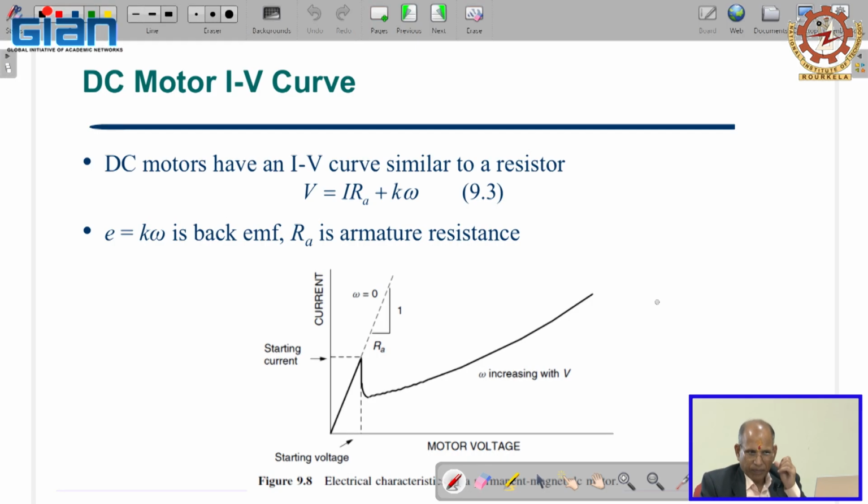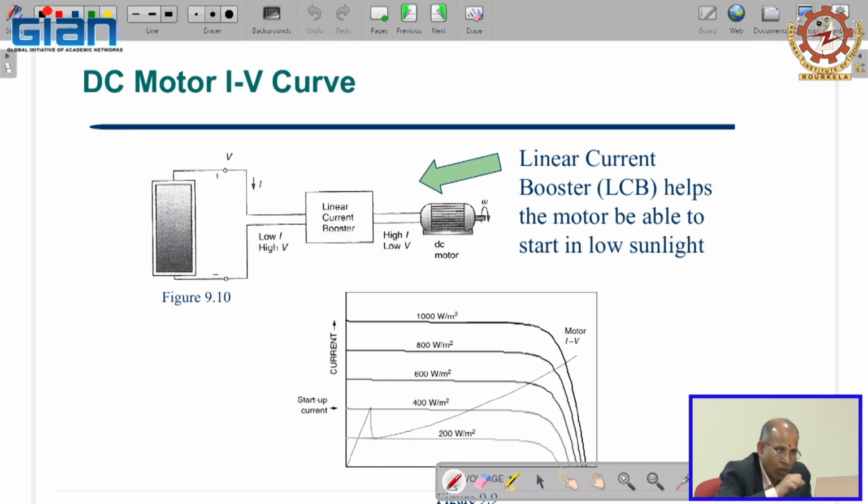Here you will see that when we are using the same PV system for irrigation application, the DC motor is the load.